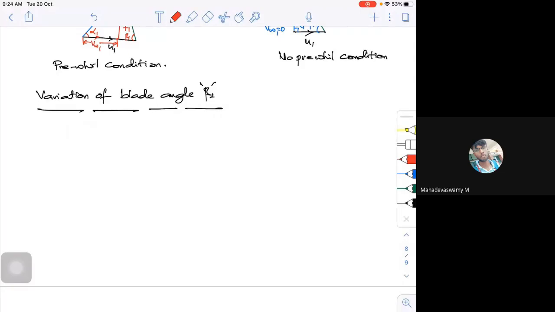Suppose this is my tip, this is my hub. I'm going to have the blade for different conditions. So all these conditions I'm going to take.